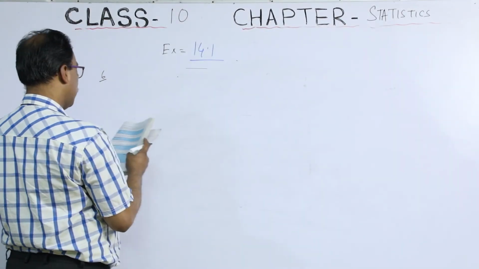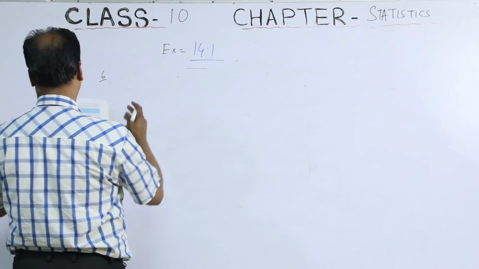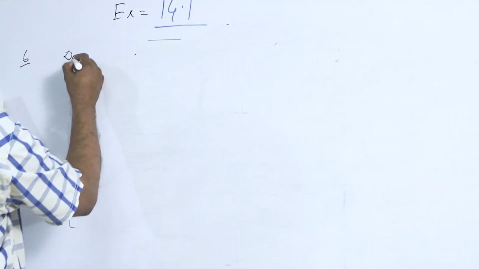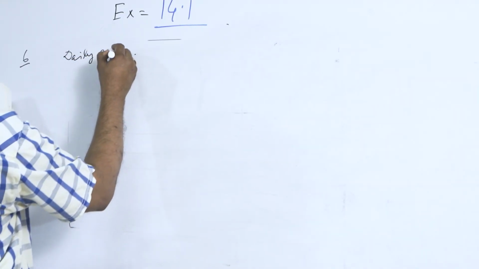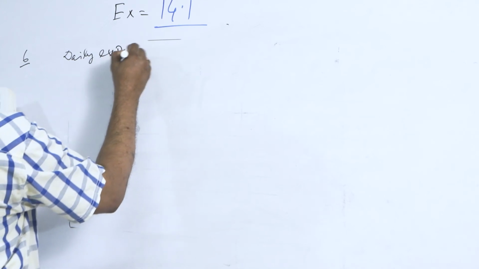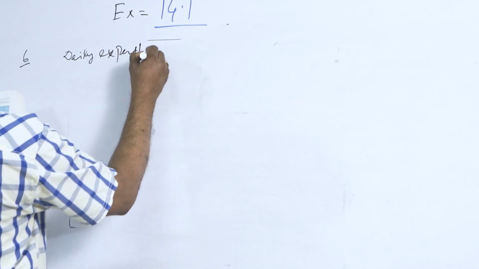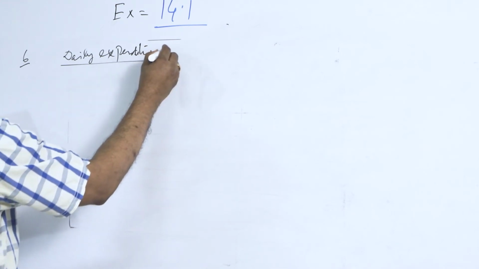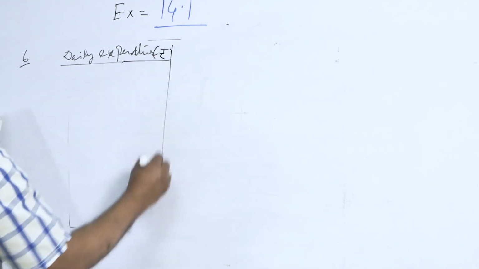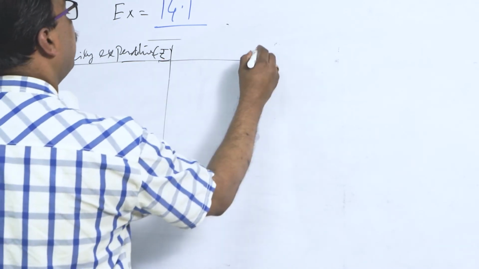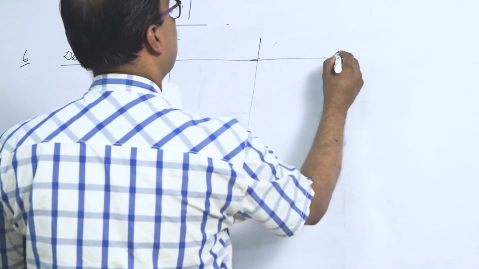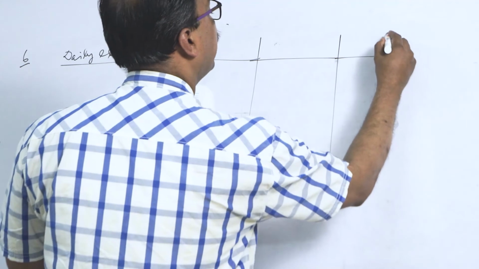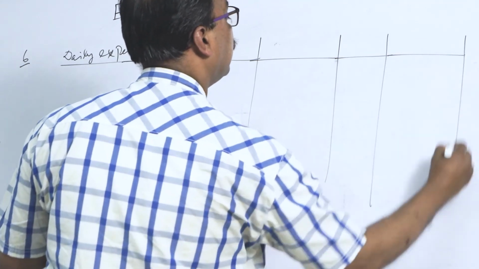The table below shows the daily expenditure on food of households in a locality. That one is in rupees, obviously. The values are given and we have to find the mid value, then deviations, then frequencies, then products.